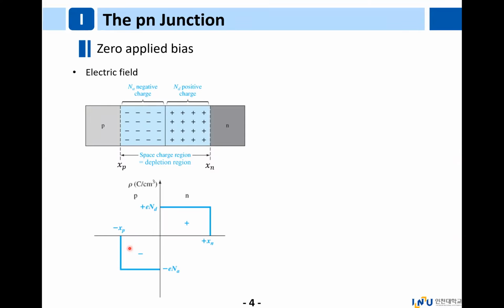And in the p-type region, a depletion region forms up to minus xp, and the charge density at that point is minus q N_A.